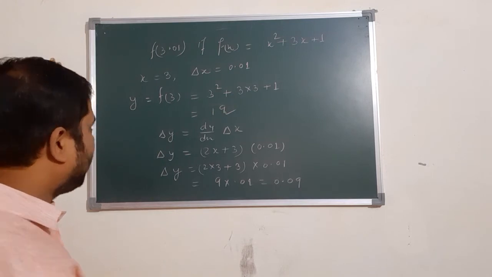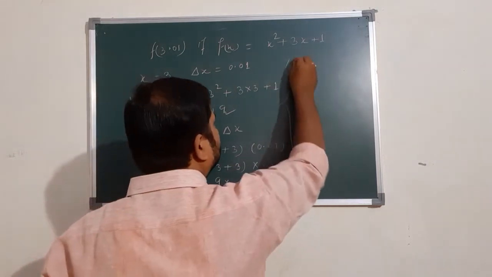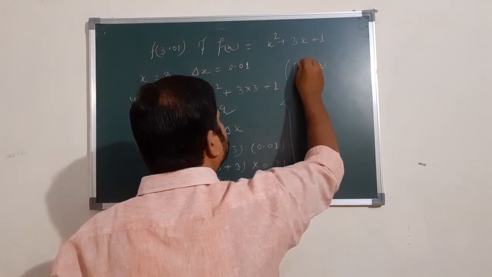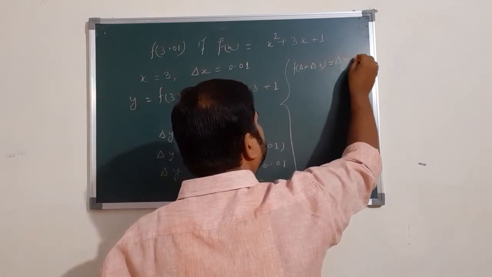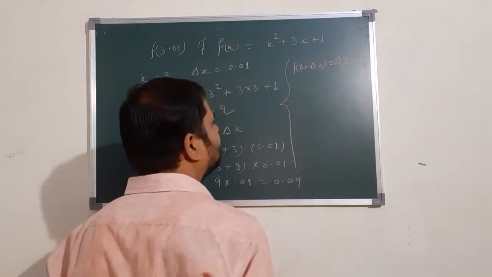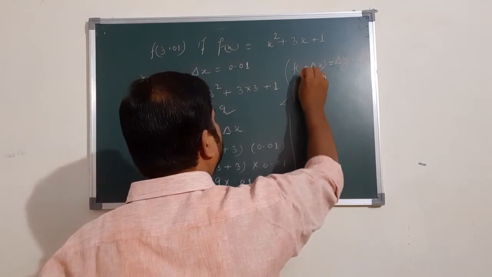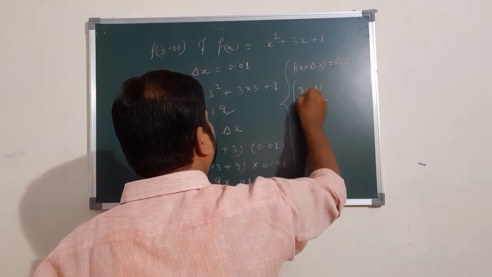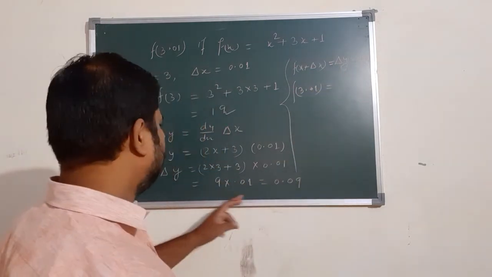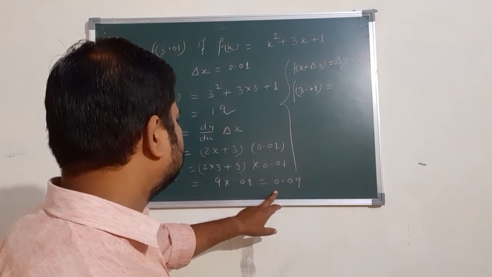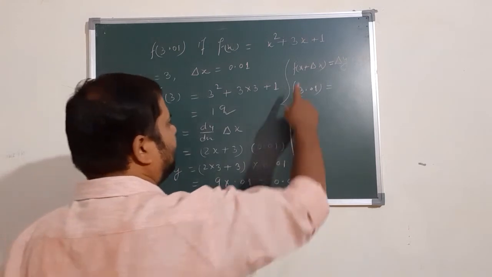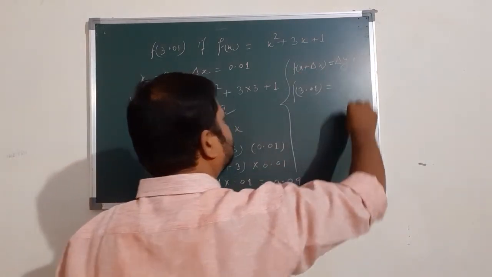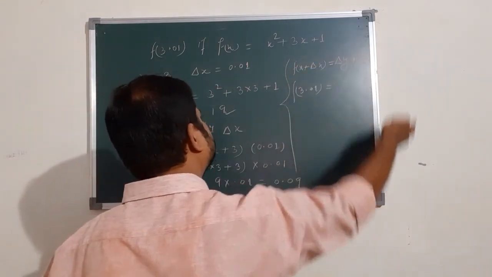So f(x plus delta x) equals delta y plus f(x), because f(x plus delta x) minus f(x) is equal to delta y.